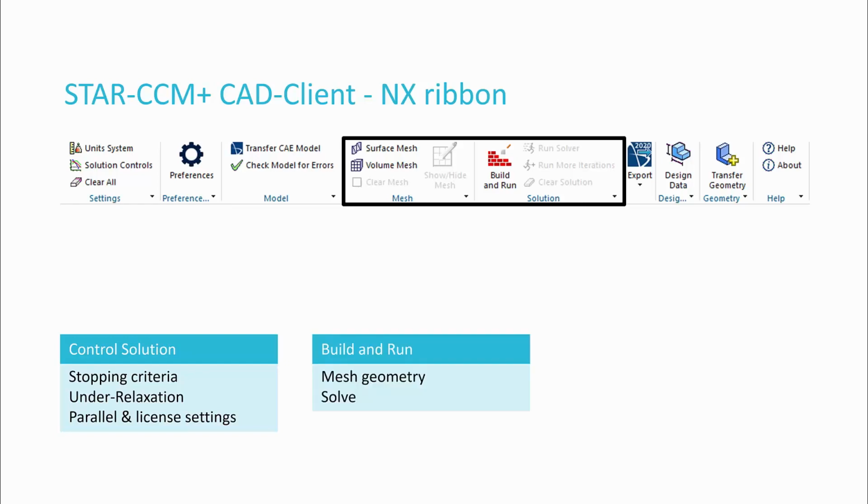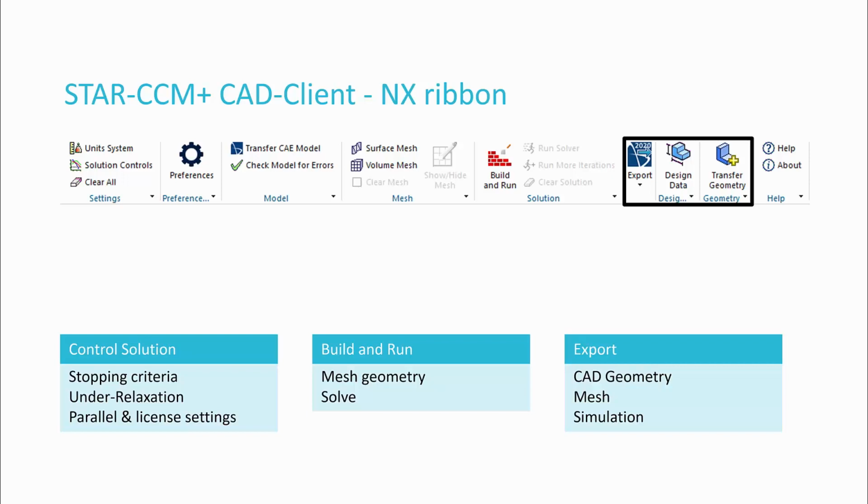Here you can specify if you want to run and build your mesh and run the simulation directly from NX. And then you have the export options, where you just can export the CAD geometry, you can export the mesh, and you can export the complete simulation setup.